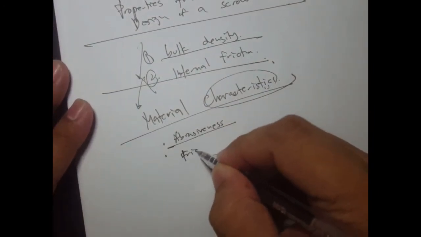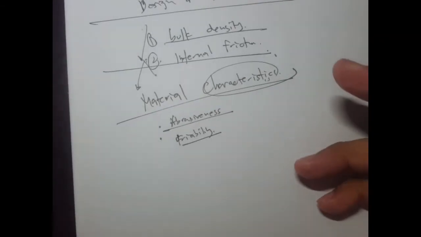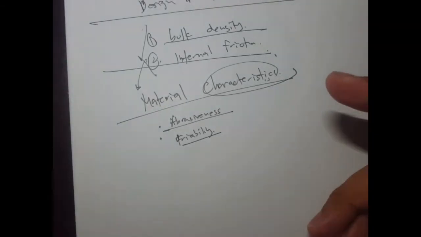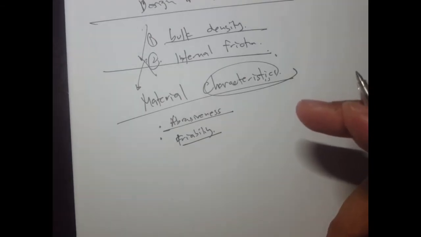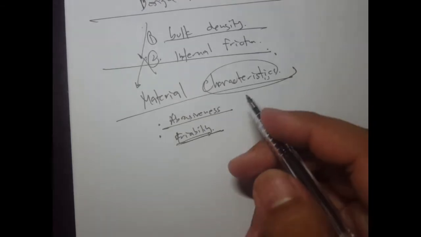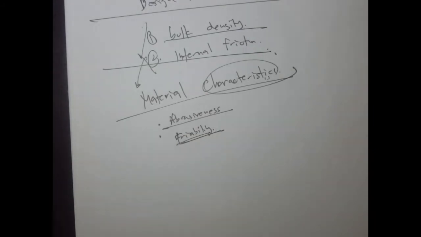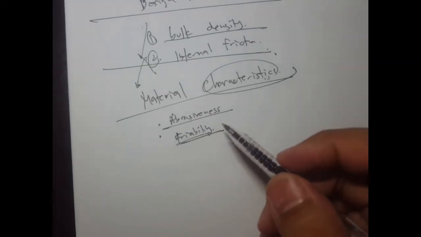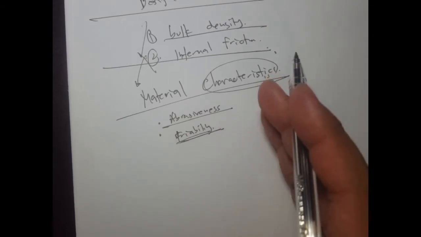Next one is friability. Friability refers to the characteristic of materials that, when slightly agitated, crumble. So some materials are friable, meaning that in this case you would probably go for a lower speed, so you have to handle it with care.